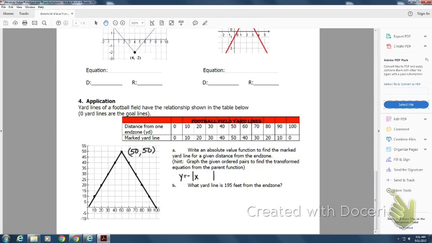If it goes to the right, is that going to be plus or minus 50? Remember, opposite the sign. Carolina, is it going to be plus 50 or minus 50 at the end? Plus 50. So there's the equation.